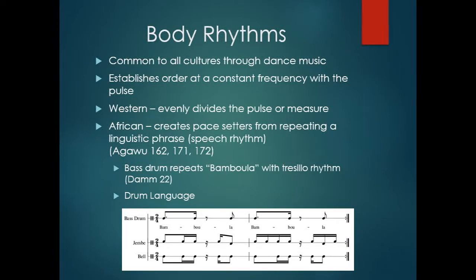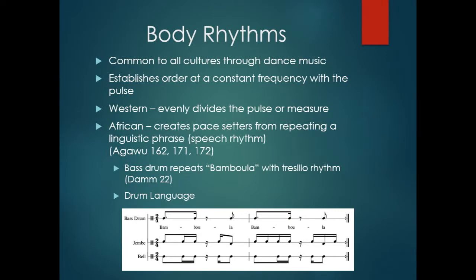So an example of this would be the Bambolo dance. This is an African dance. If you see in the figure, the top line has the bass drum speaking the word bambula in the tercio rhythm. So we have bambula, bambula.